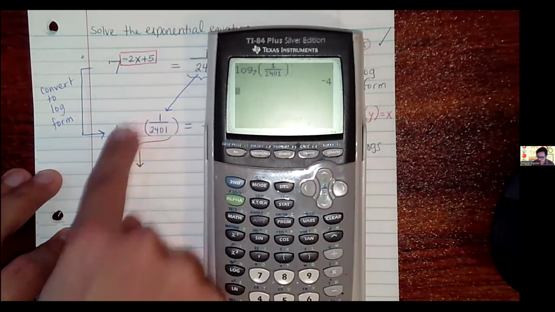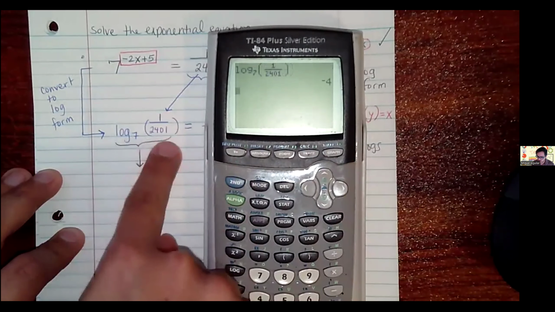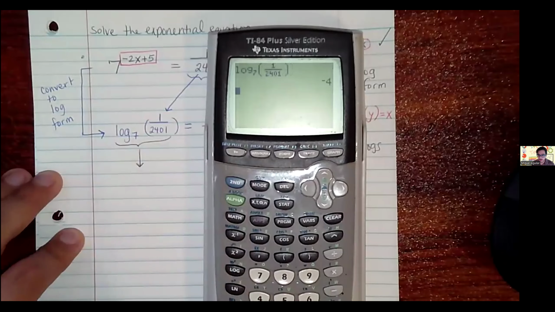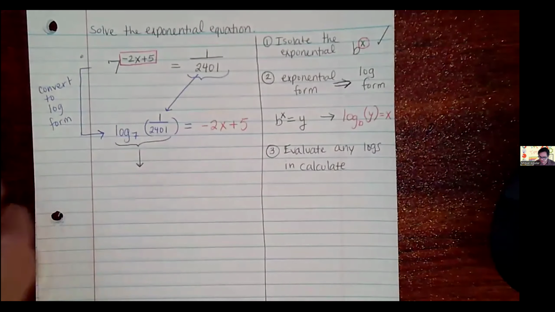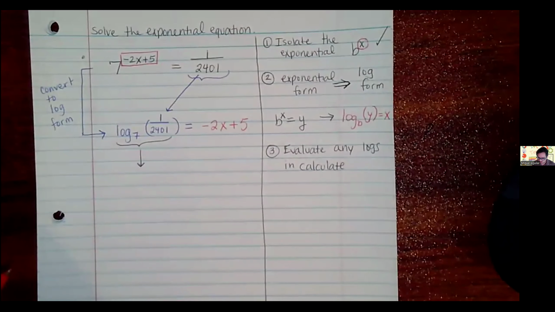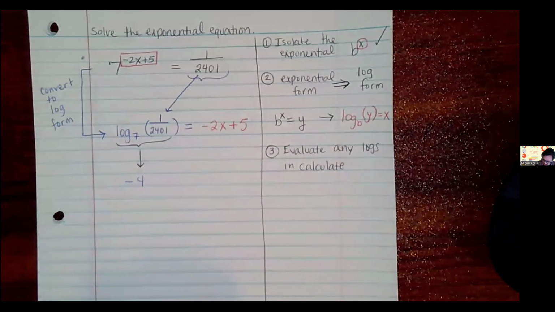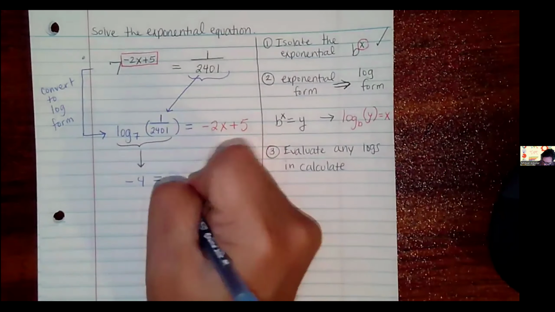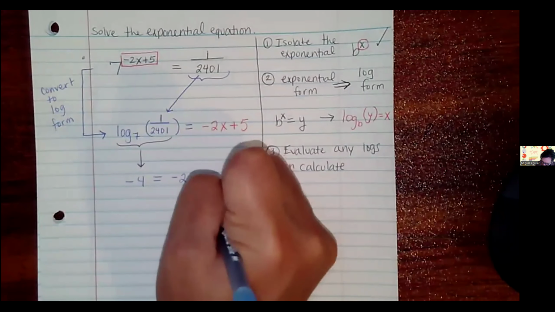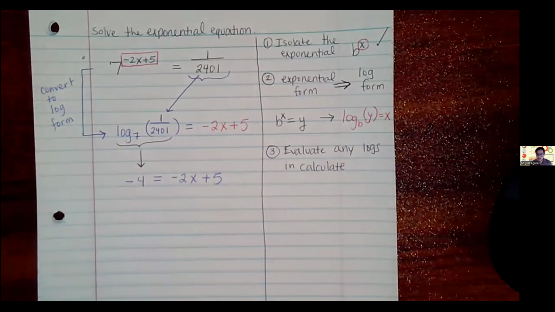So this logarithm, log base 7 of 1 over 2401, that's just -4. So we're not going to write it as this scary looking logarithm anymore. We're going to write this as -4 is equal to -2x plus 5. Questions, comments up to that point?